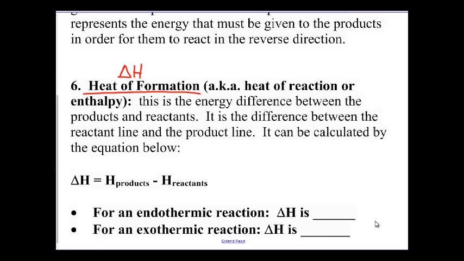It's also known as the heat of reaction, or it's known as enthalpy. And basically, no matter what you call it, it is always the energy difference between the products and the reactants. It's the difference in potential energy between the products and the reactants. And it's always products minus reactants.